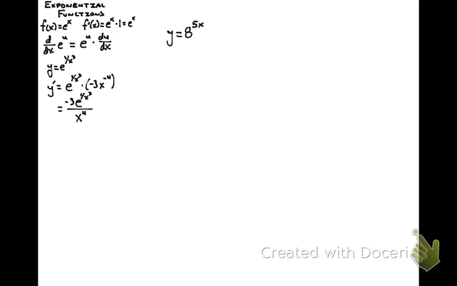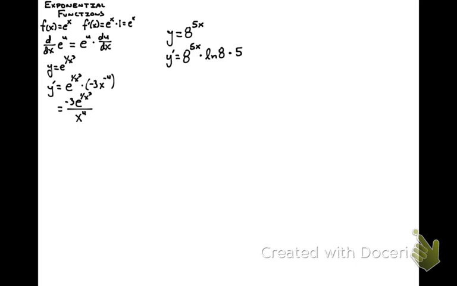The derivative of this is always itself, so 8 to the 5x, times the natural log of 8, so it's the natural log of the base, times the derivative of the exponent, in this case 5.